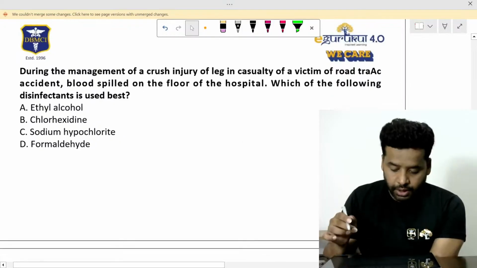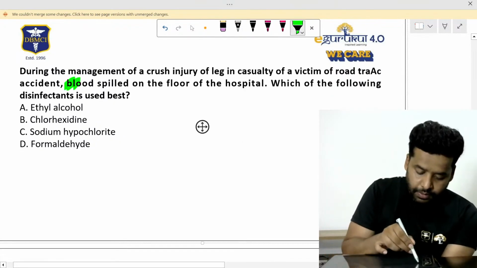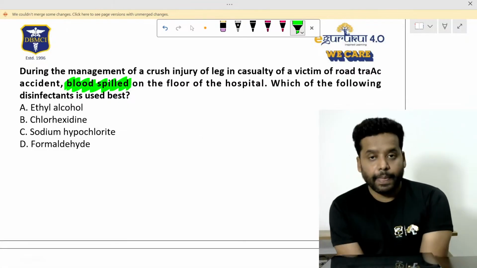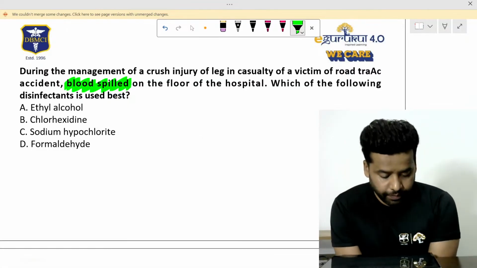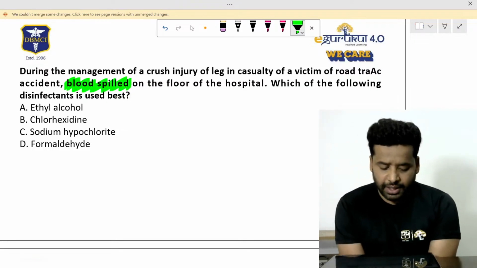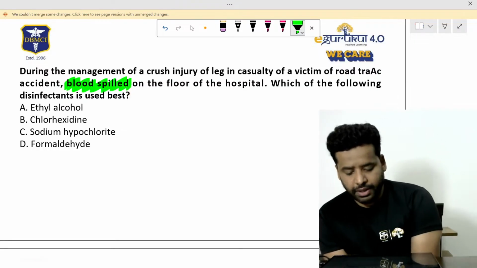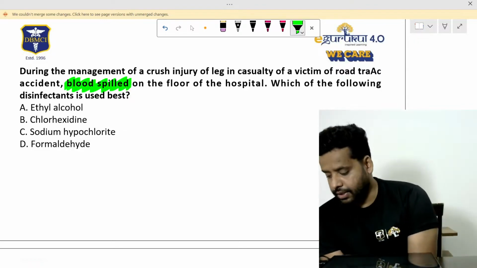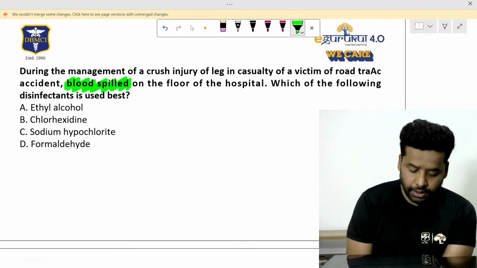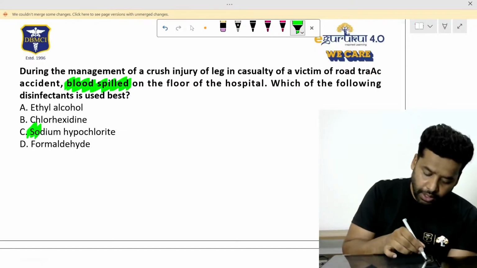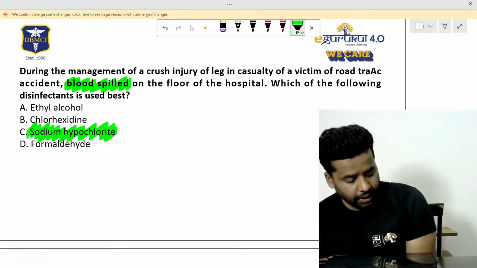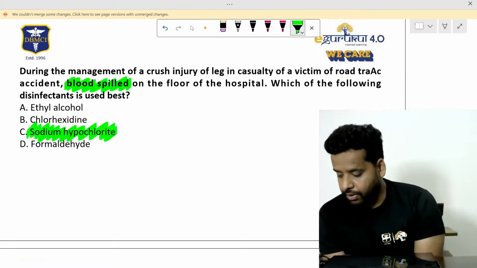So crush injury, road traffic, blood spills. Then what is the disinfectant used? If they are not mentioning an HIV patient, and even if an HIV patient is mentioned, the answer won't change much. We use sodium hypochlorite solution.